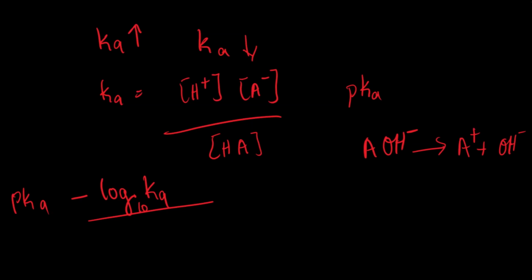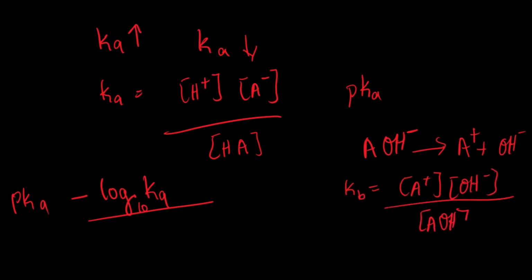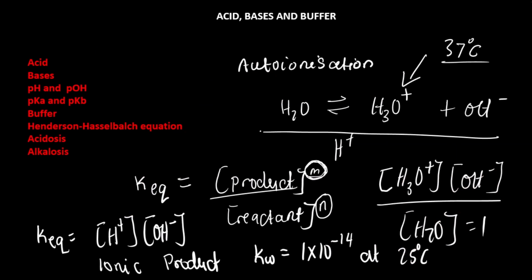Okay, so now we're looking at the Arrhenius definition just to explain this concept. So we would have the Kb equal to A plus times OH minus, divided by the concentration of the base, telling us how well it dissociates. So the pKb is equal to the negative logarithm of the Kb value. Okay, these are all values that let us in on how strong an acid is or how strong a base is, as the case may be.